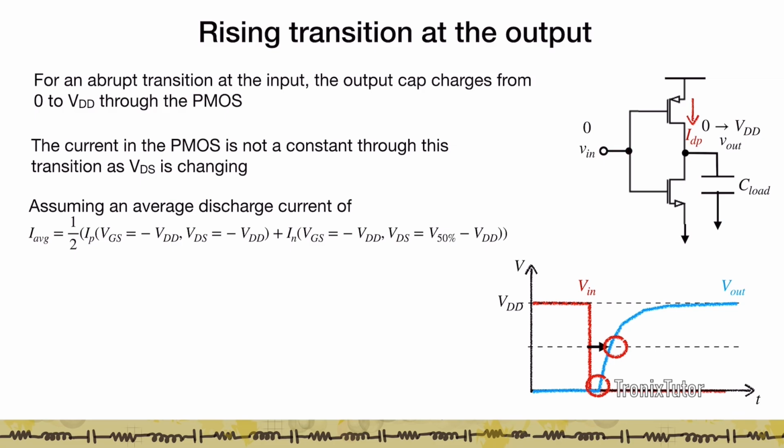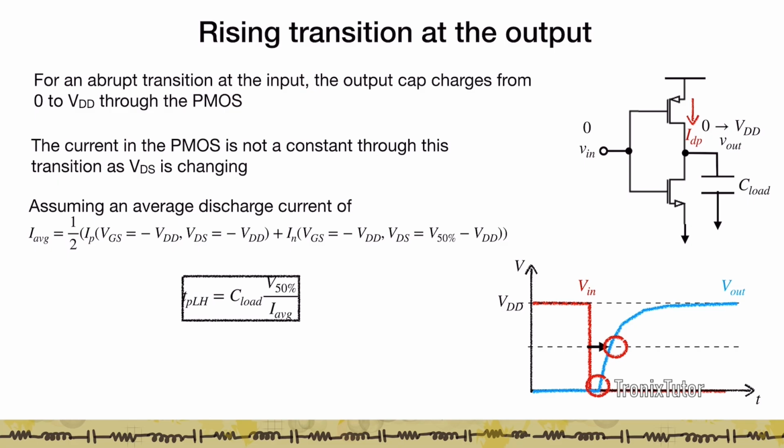That is when the PMOS turns on and starts charging up this node, and it continues to charge till this node hits VDD, but we will be looking at only the transition up to V50%. So we look at the current when it rises up to V50, and in that case I can talk about my low to high transition as just C load times the total charge I need to charge up the capacitor to, divided by the current.